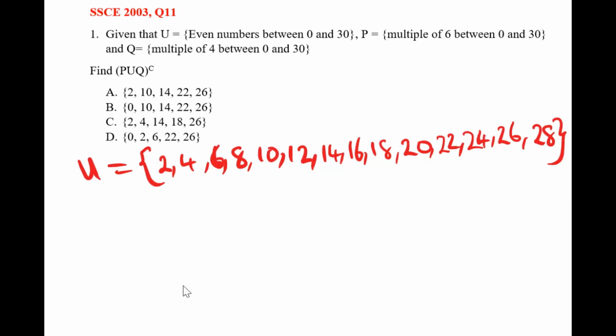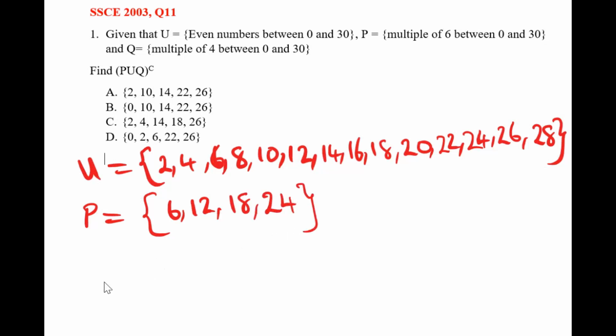Then the next one, P, multiples of 6, that's numbers divisible by 6, between 0 and 30. We have 6, 12, 18, 24.